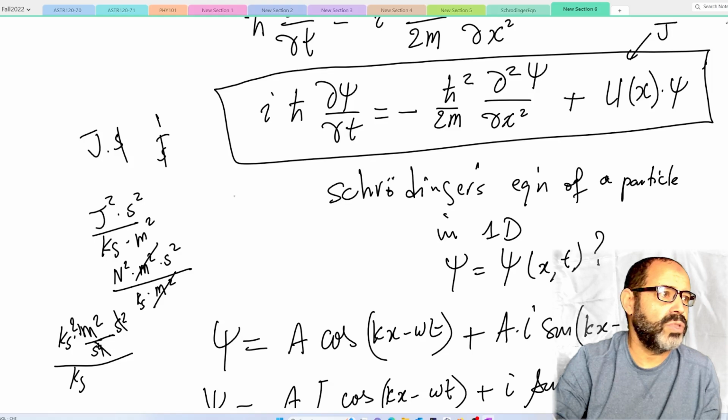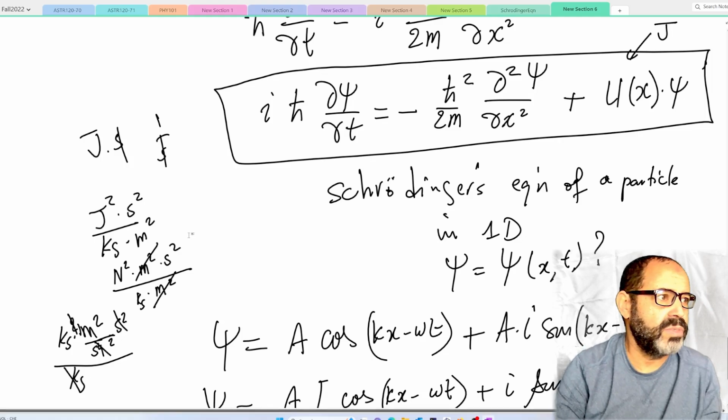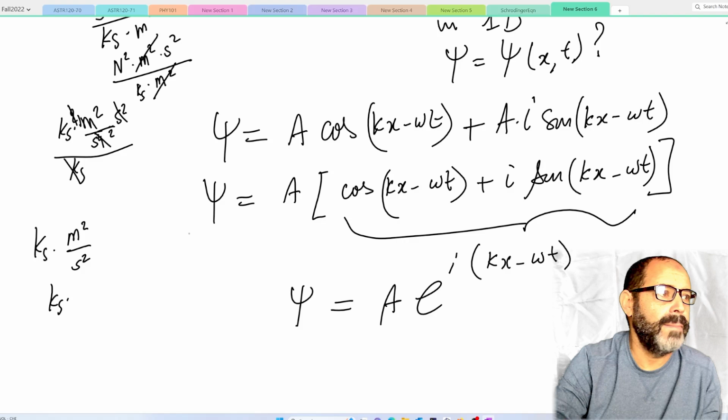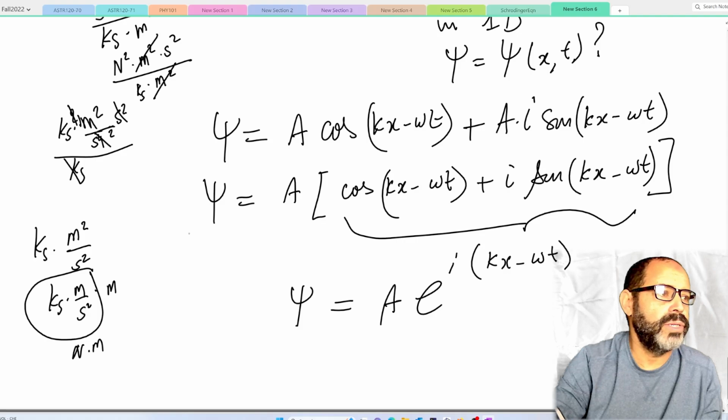Second squared and second to the power 4, I'm left with second squared, and I have a kilogram squared and a kilogram, so I end up with, in terms of dimensional analysis, what I need, a joule. By the way, kilogram meter squared per second squared is also a joule. Actually, it's a kilogram meter per second squared times meter, and this is a Newton meter. Newton meter is a joule.